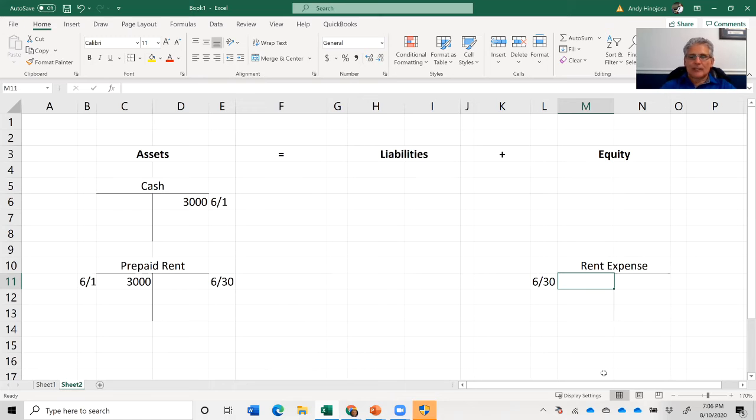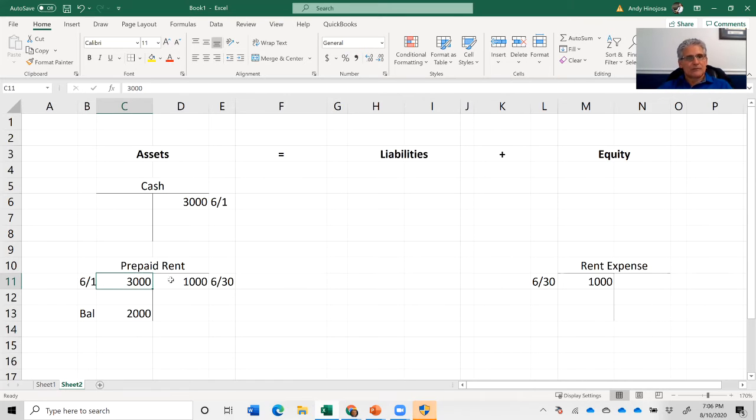We're going to debit rent expense for $1,000 and credit prepaid rent $1,000. After this journal entry, the balance in prepaid rent is now $2,000.